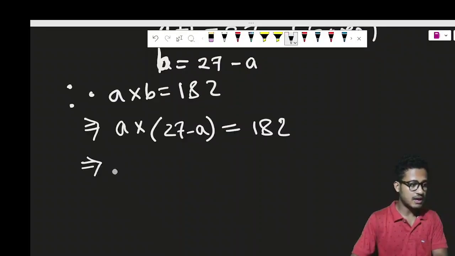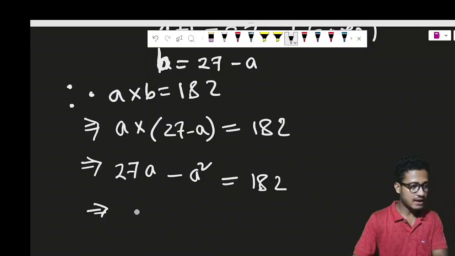This will imply 27a minus a square is equal to 182.